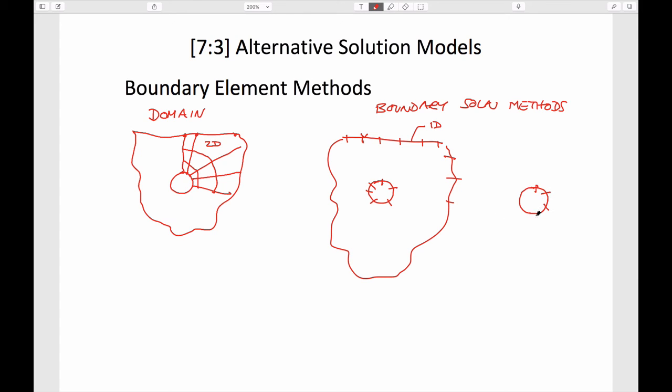It would only be on the boundary. It would still be these one-dimensional elements, but it would automatically account for the fact that the domain goes to basically infinity. Obviously not infinity, because the planet's a sphere floating around in the universe, but for our intents and purposes, it's very large compared to this domain.